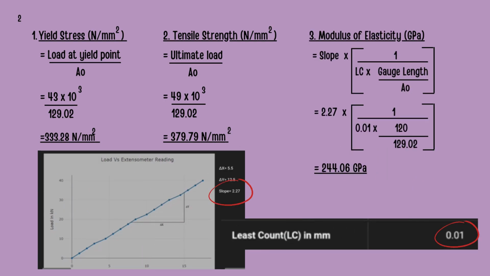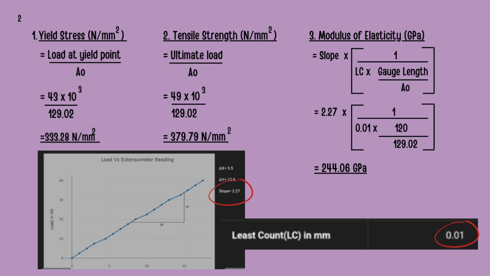Next, to find the modulus of elasticity, the formula is slope times 1 over LC times gauge length over A naught. To find the value of the slope, we can get it from the graph, like in the picture, where the slope is 2.27, or you can calculate it. We need to find point X and point Y and find the gradient.